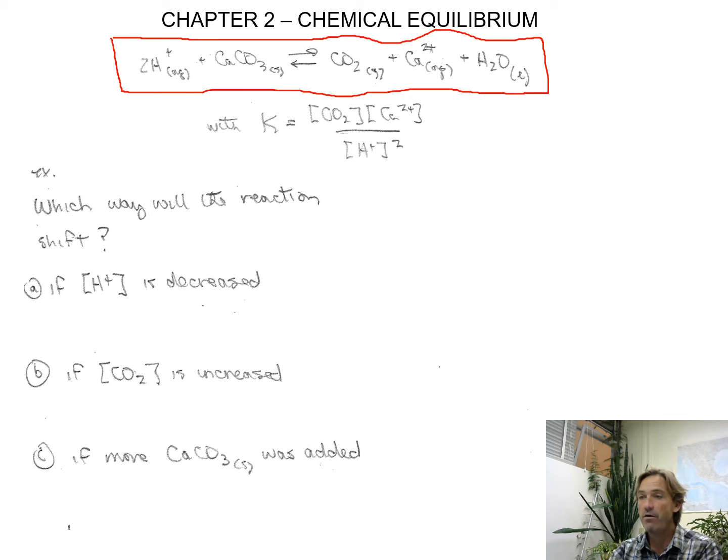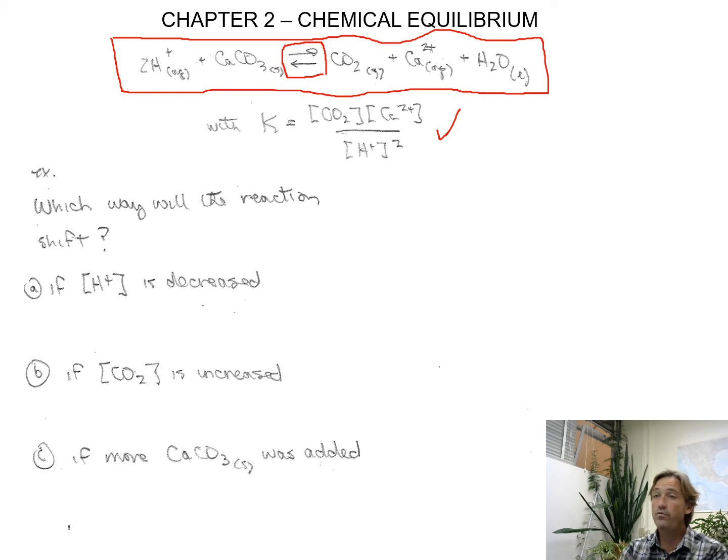This double arrow is showing that we're at equilibrium, and we have our equilibrium expression, which tells us which species affect the equilibrium condition. So with that, which way will this reaction shift? How will it minimize the disturbance if hydrogen ion is decreased?